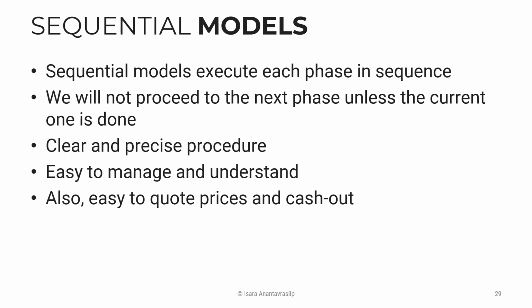Because it is easy to manage and easy to understand, it is also easy to quote prices and cash out. You can decide, okay, when we finish requirements gathering, we will cash out 10% or 20% of the budget first, and after you design, you cash out another 20%.